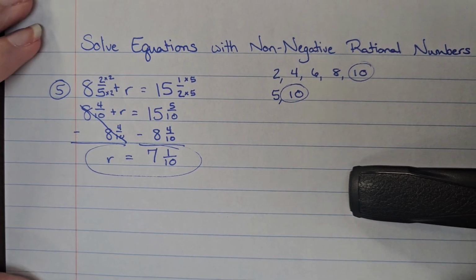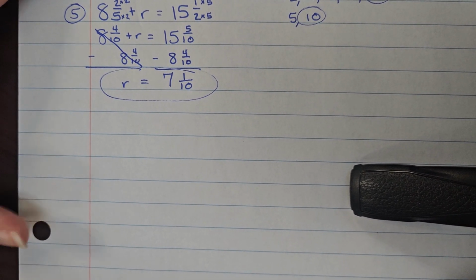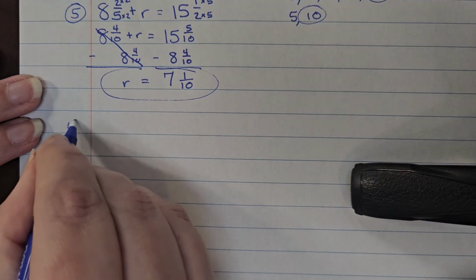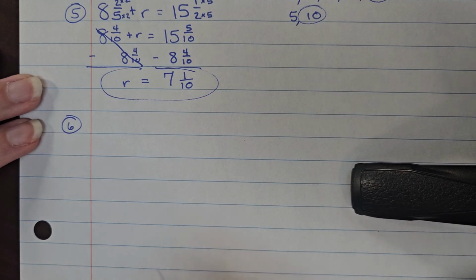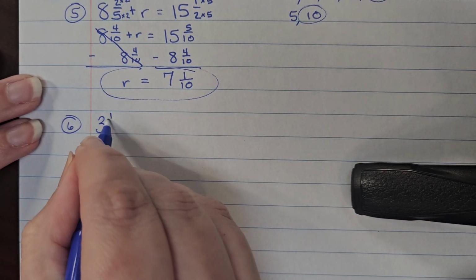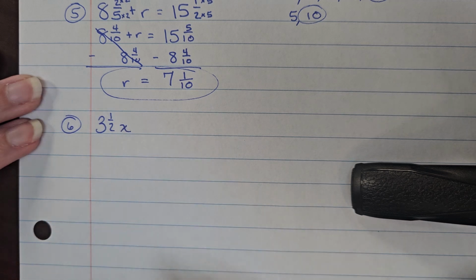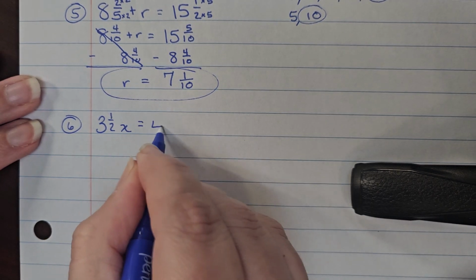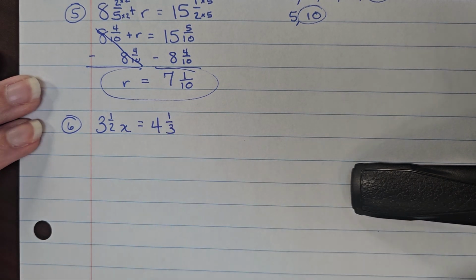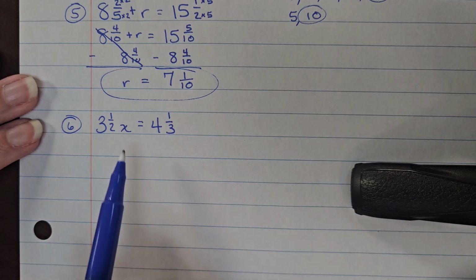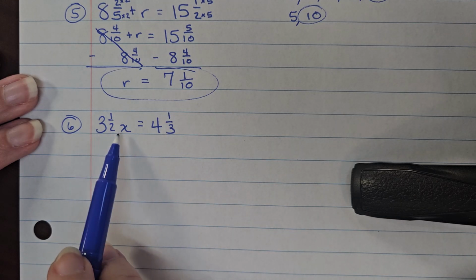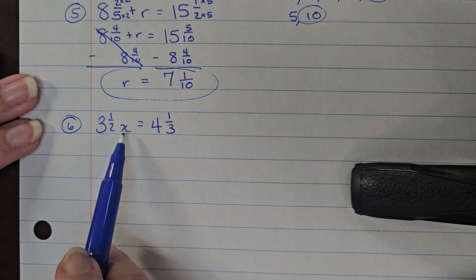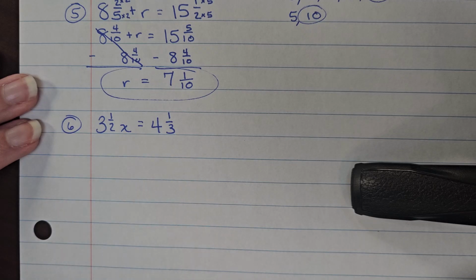Problem number 6 now. We have 3 1/2 x equals 4 1/3. A number in front of a letter means times, so I'm going to be dividing both sides by 3 1/2.